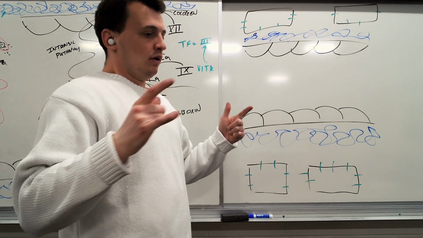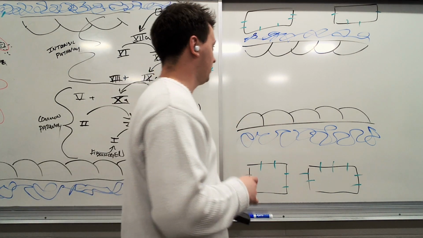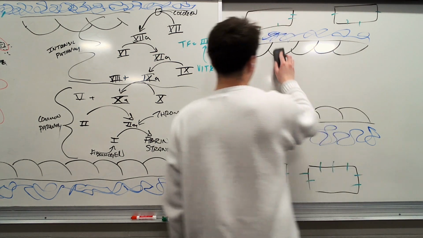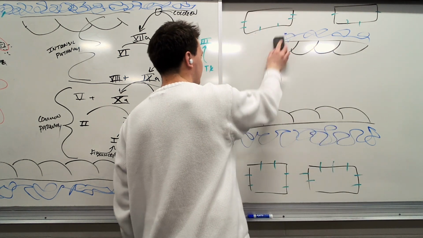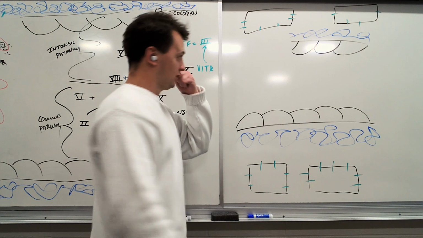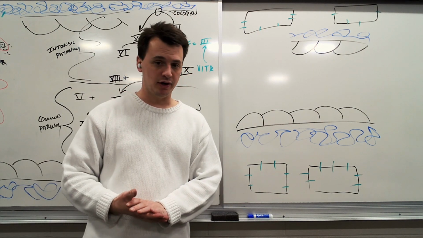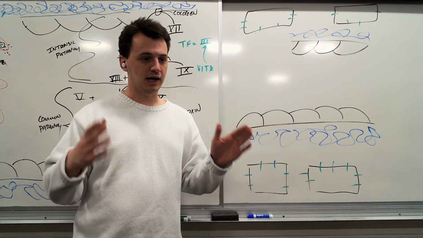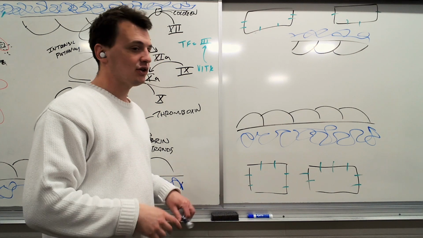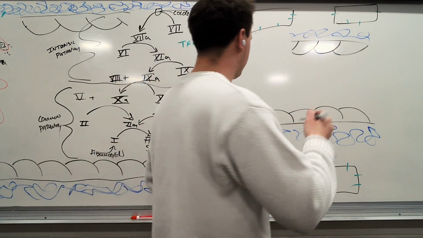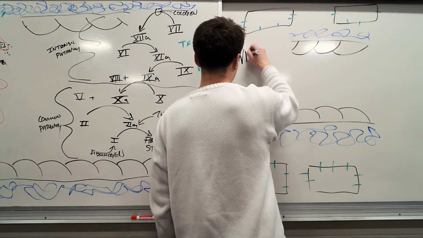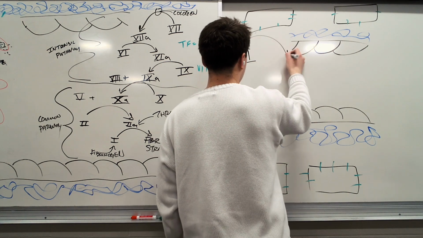So what actually happens here, we have the same issue. We have a hole. But this time I don't want to really pay too much attention to the basement membrane. As we have a hole, we have factor 7 come in and get activated.